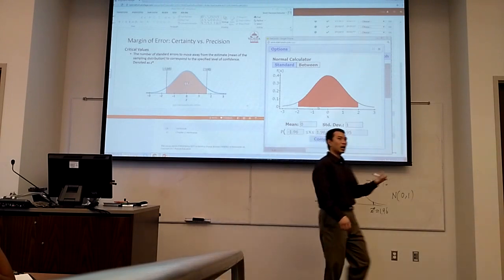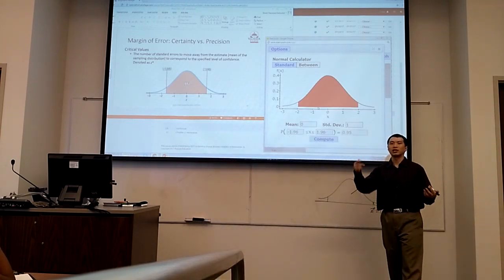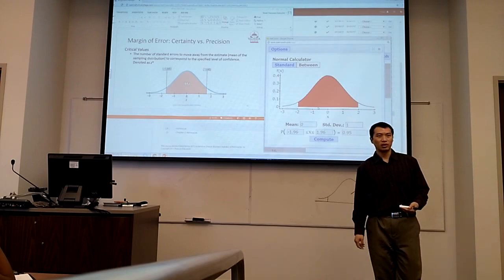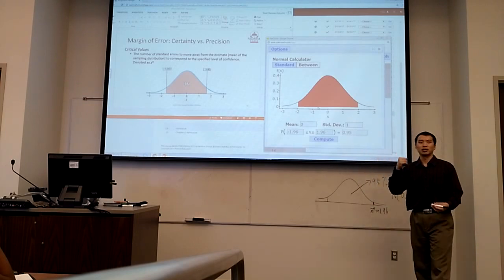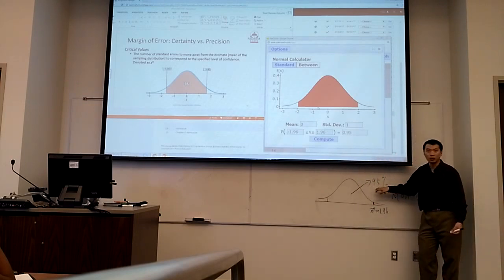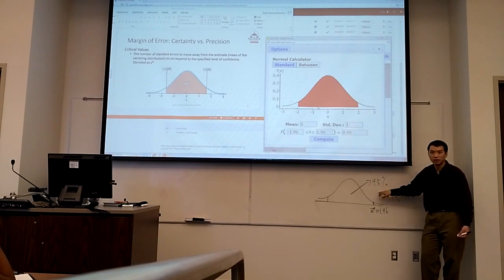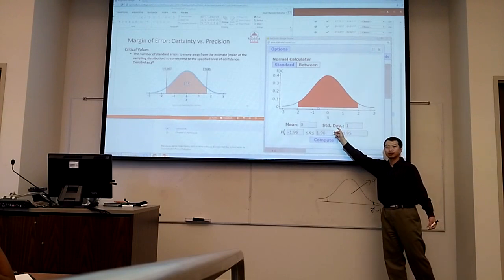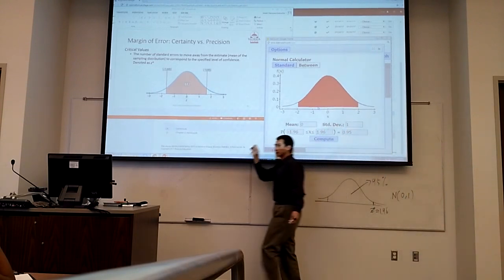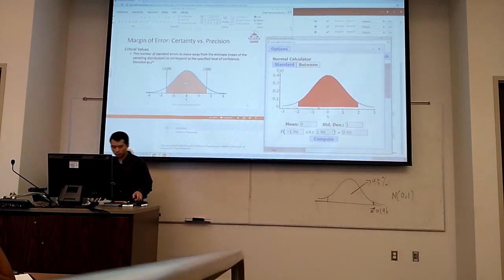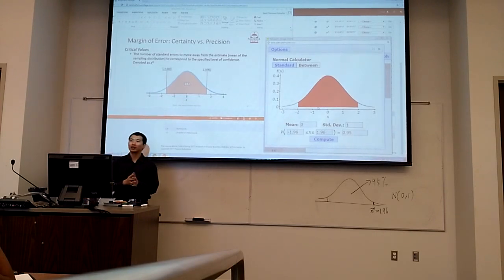Some questions may ask you to construct a 95% confidence interval or 98%. That's the number you need to use to find the critical value in the stat function. Any questions?